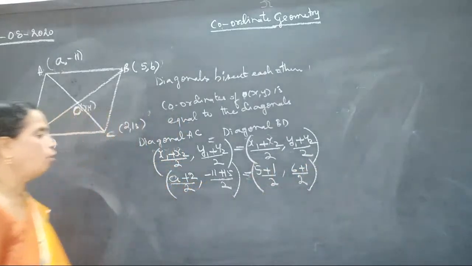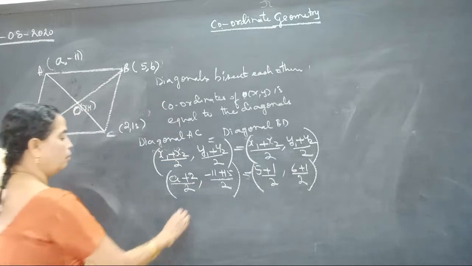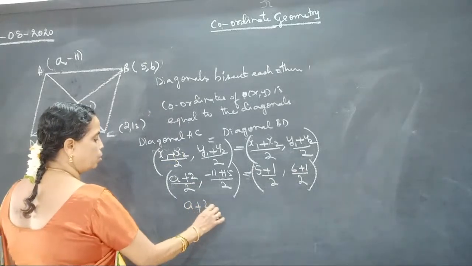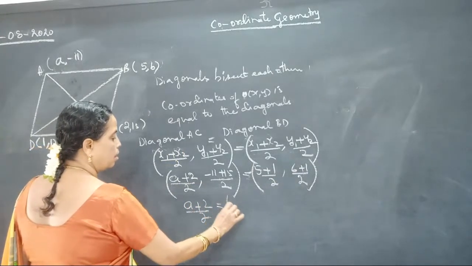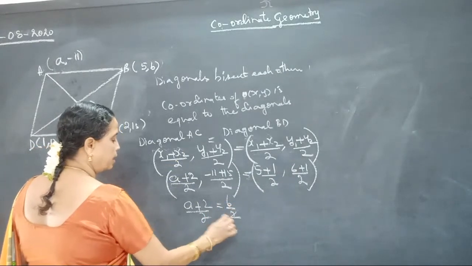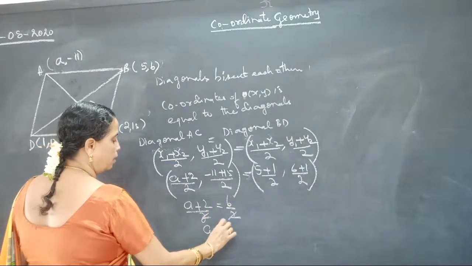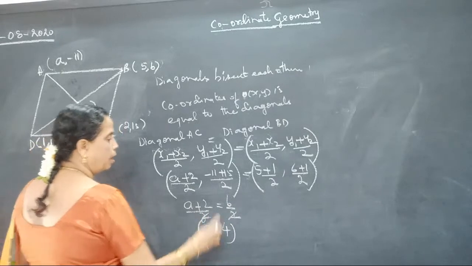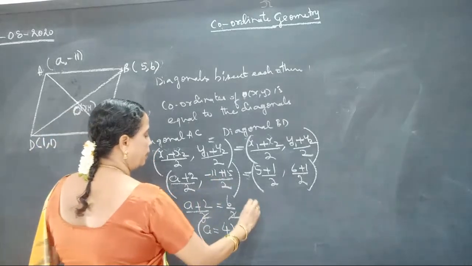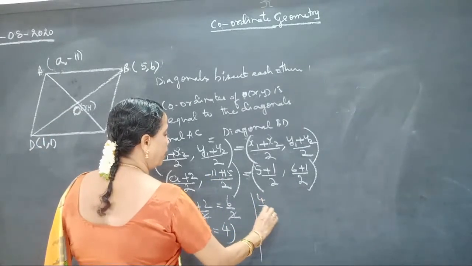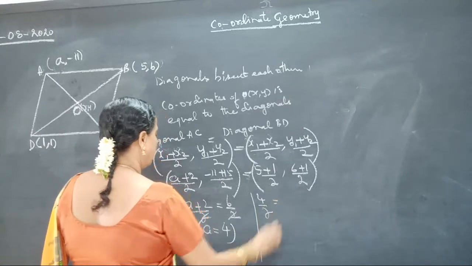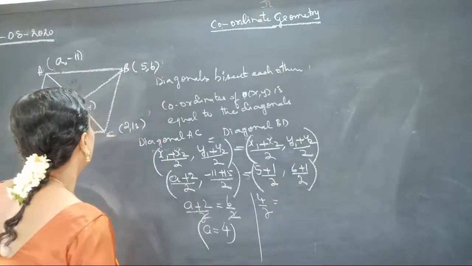Now at least you can equate. What do you get? a plus 2 by 2 equals 6 by 2. Cancel. a equals 4. Minus 11 plus 15 is 4, by 2 equals, where is b?